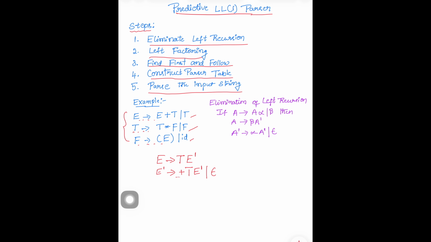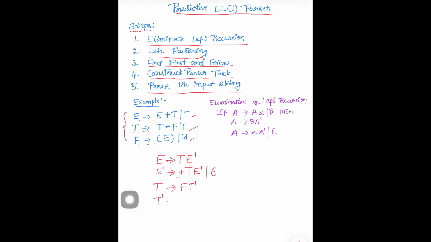Next, T produces F T prime. Now the term starts with the factor followed by the T prime. T prime is another new non-terminal introduced to remove the left recursion. So the next is T prime.